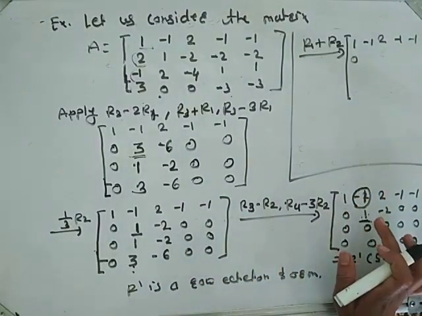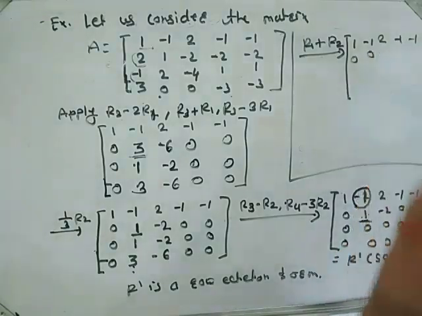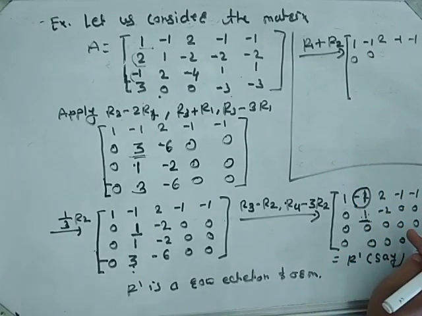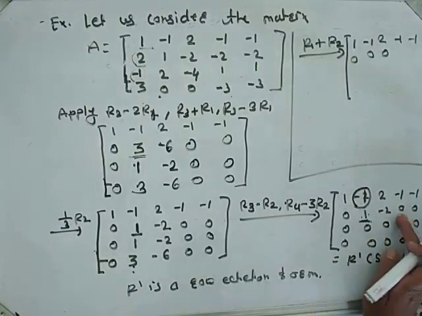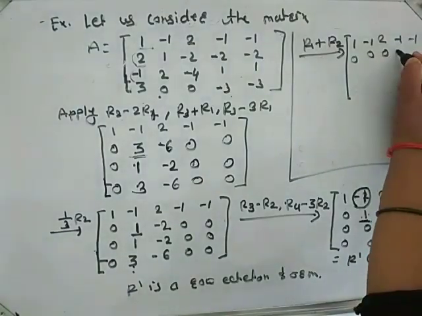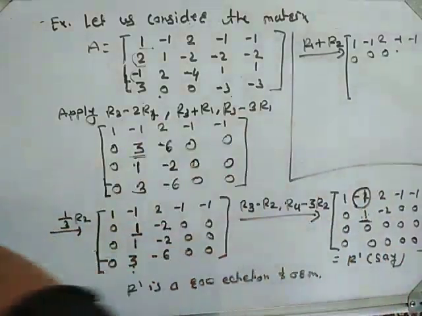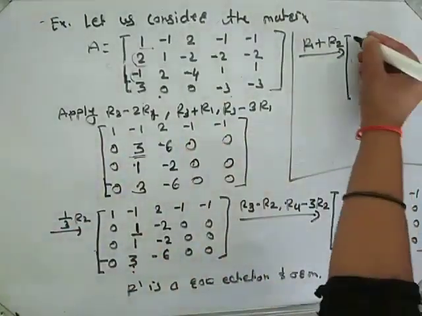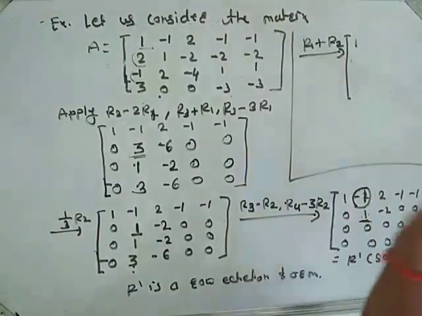R1 plus R2. So minus 1 plus 1 is 0. Minus 2 plus 2 is 0. Okay. Sorry, 1, because R1 plus R2, na? 1 plus 0 is 1.